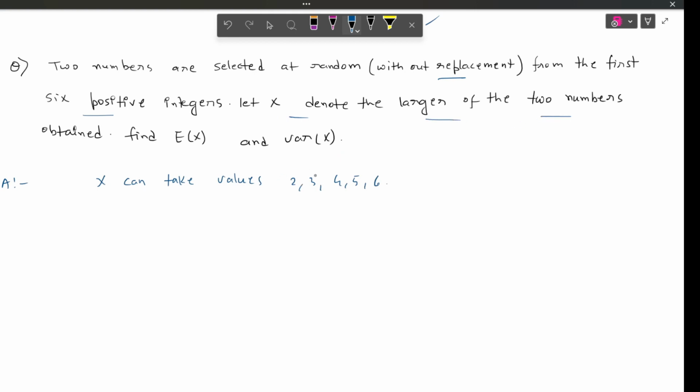So if you take 1 and 2, larger will be 2, right? So you cannot take 1 here. So probability of x equals 2 means probability that the larger of two numbers is 2.